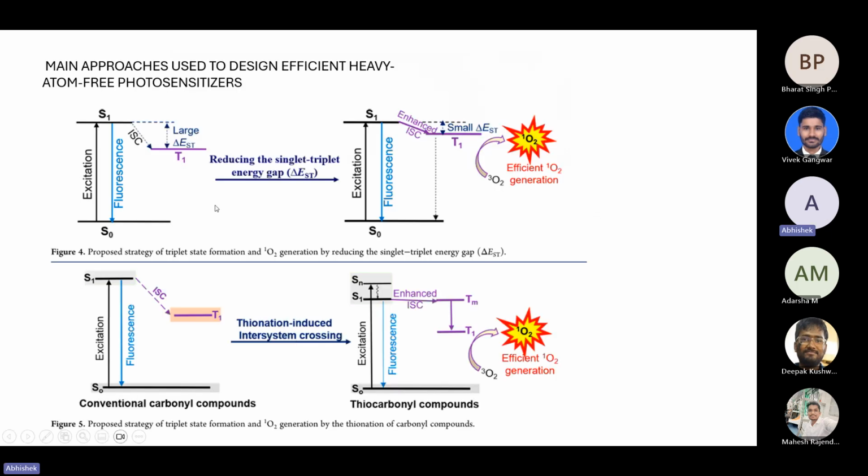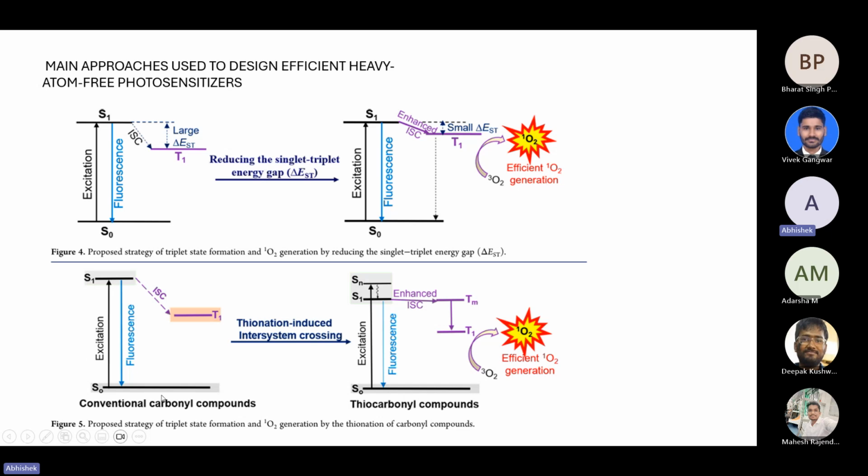The main approaches used to design heavy atom free photosensitizers try to reduce the energy gap between the singlet excited state and the triplet excited state, that is delta EST, so that efficient singlet oxygen generation happens.